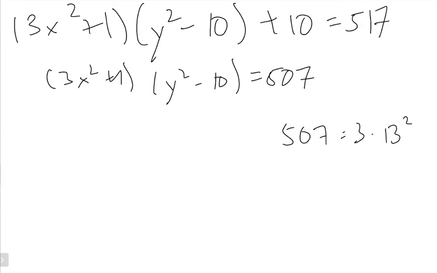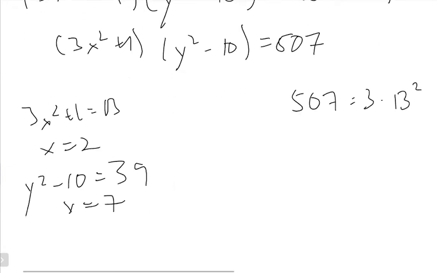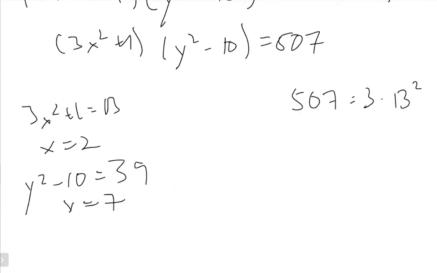And so then clearly 3x squared plus 1 has to be 13. So if 3x squared plus 1 is 13, then x is equal to 2, right? And that means y squared minus 10 is equal to 39, and that means y equals 7.